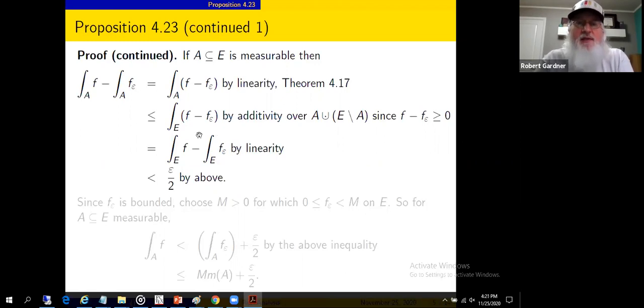So we can write this as a sum of an integral over A and an integral over E set minus A. So we could add the integral over E set minus A of this and get an equality here. We're just dropping that from this, producing something larger here.